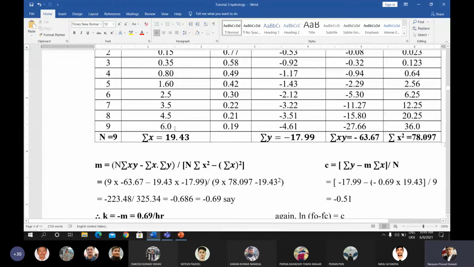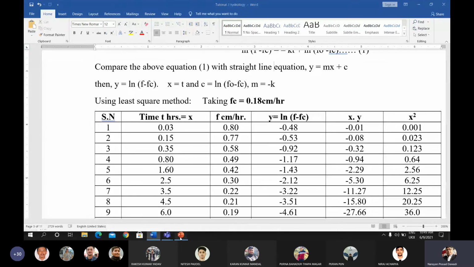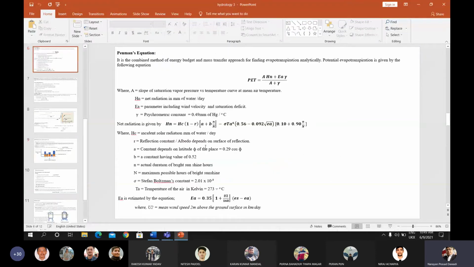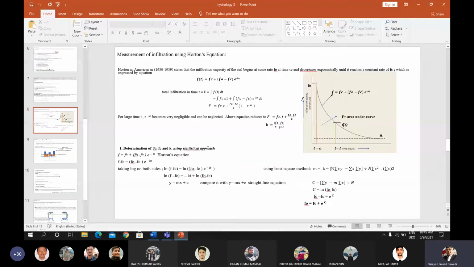Now according to the theory you have already studied, using the least square method, the value of m, which is minus k, can be calculated by the formula: n summation xy minus summation x summation y, divided by n summation x square minus summation x whole square.